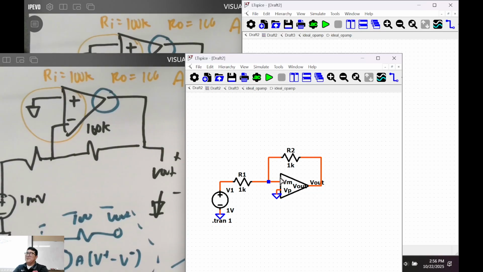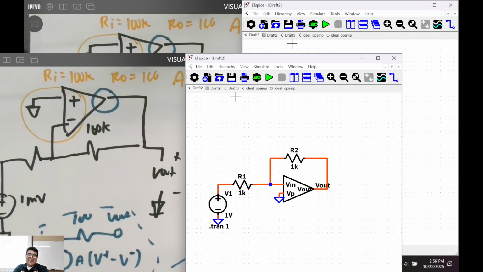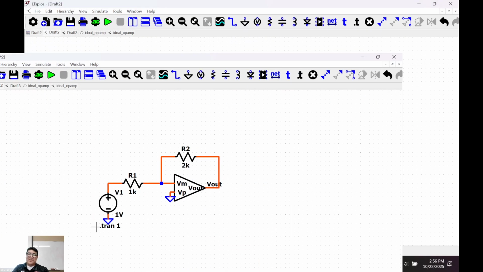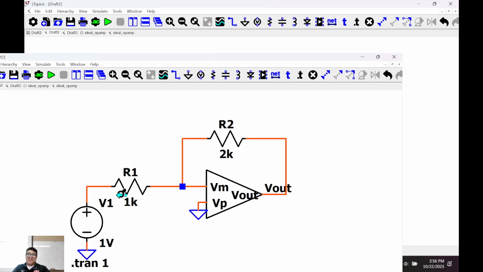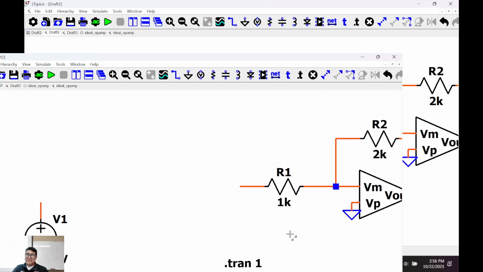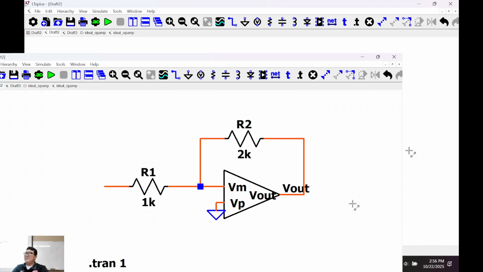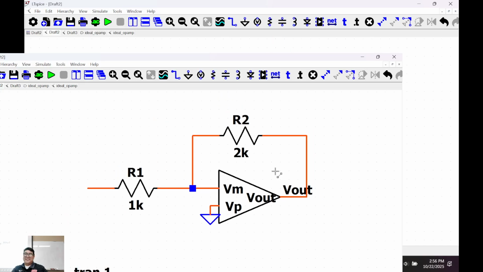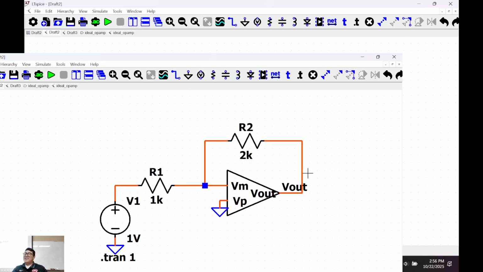Remember how we were talking about we can build this op amp? Look at that. Okay, just to be safe, 2K. Without doing any homework, or just ignore this part. Let me just move that away. What's the gain of this amplifier? 2? Is it really 2? Negative 2, right? So that means if we put 1 volt right there, we should get minus 2 there.